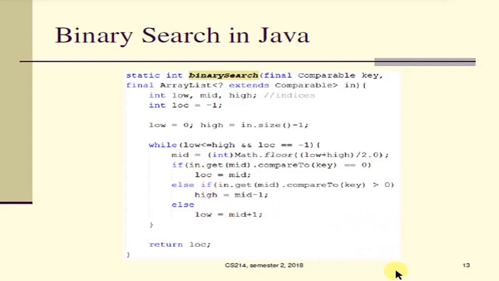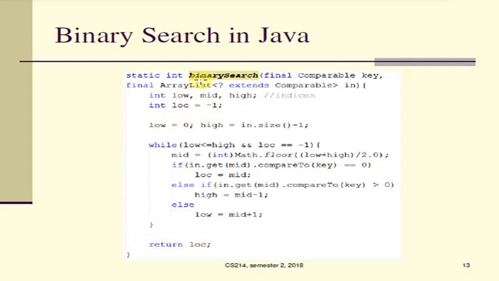We just repeat the same thing, and at some point we would find a match, and we would set the log to the mid that we have found, and we would return that log. But if we have iterated through the entire array list and we still have not found the key, meaning we have not set a new value to the log, what would be returned? The initial value of the log, which was -1.